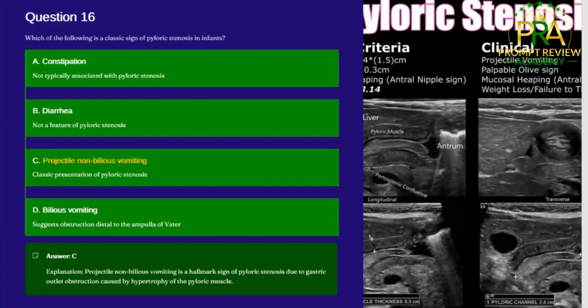So projectile vomiting, an olive-like mass, and poor weight gain or poor growth. The classic sign of pyloric stenosis is projectile vomiting, because they have obstruction. So whatever they eat, they tend to vomit it.